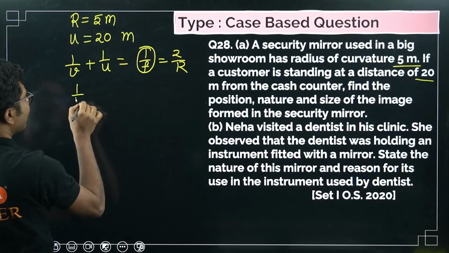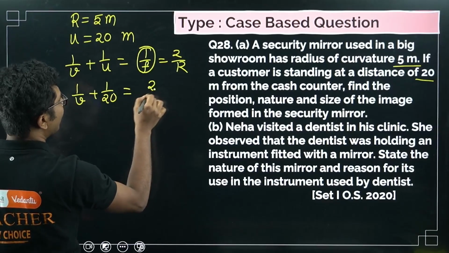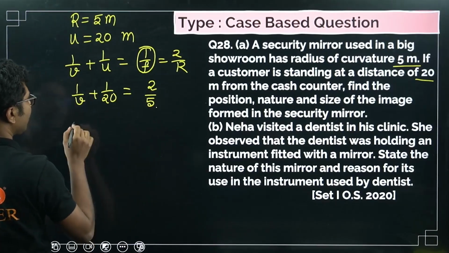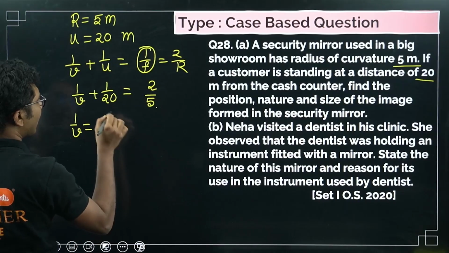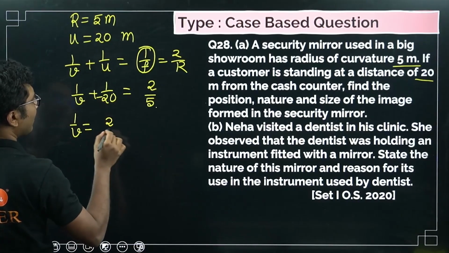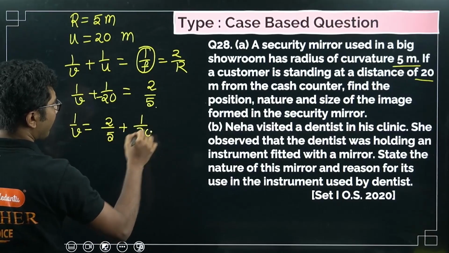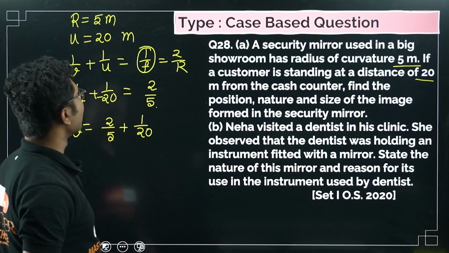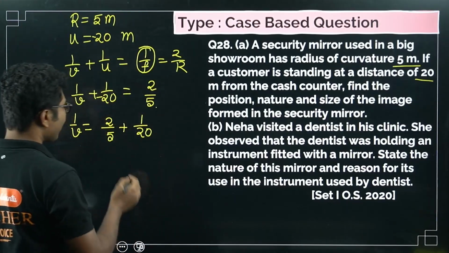So 1 by v plus 1 by 20 equals 2 by 5. Or 1 by v equals 2 by 5 plus 1 by 20. This is negative because u is negative, object distance is always negative.